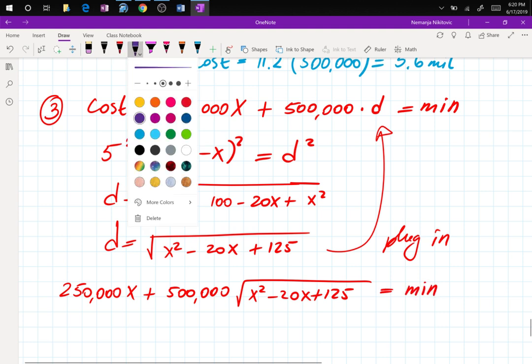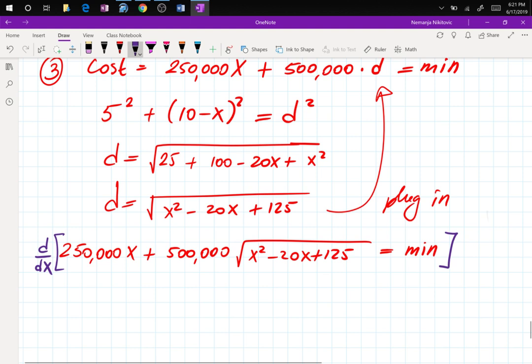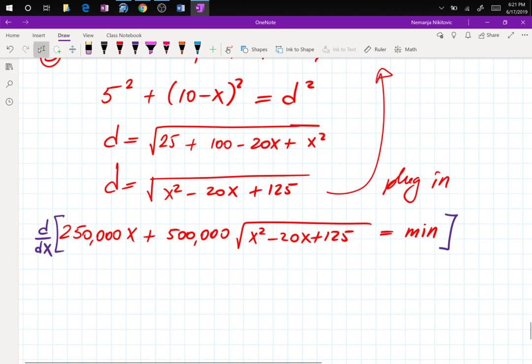And at this point in life, you differentiate, because now you have an equation with only one variable in it. And when you're done with differentiating this, you will have your equation to solve.